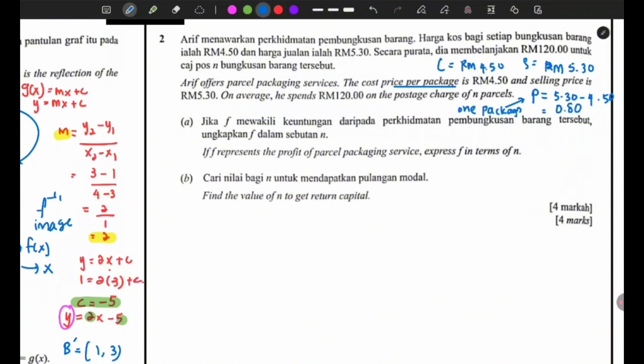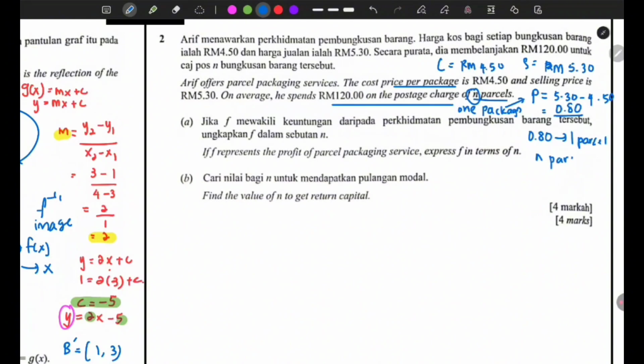So on average he spent 120 ringgit on the postage charge. So for n parcel he charged this also. So actually it's like spending more money for the postage also, so it's like a rugi for him. For n parcel, so this one is for one parcel, 0 ringgit 80 cent it's for one parcel, but they say it's for n parcel.